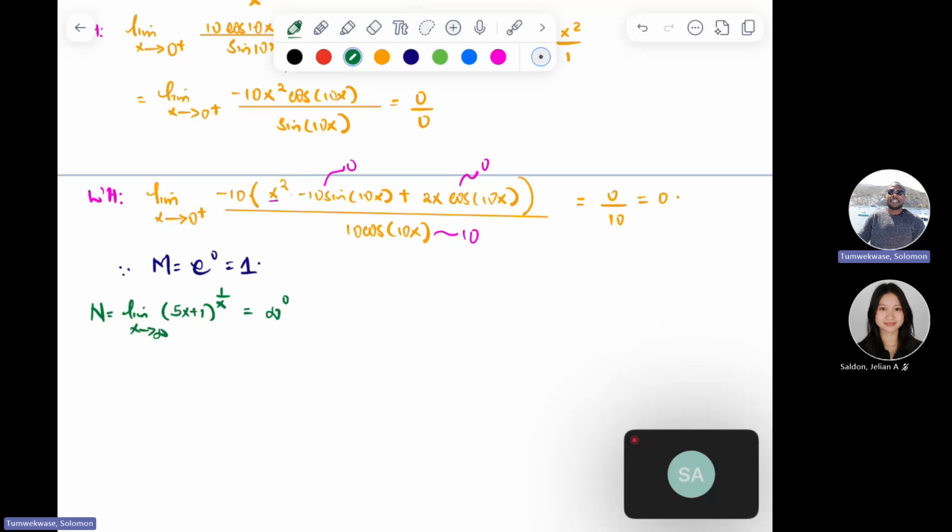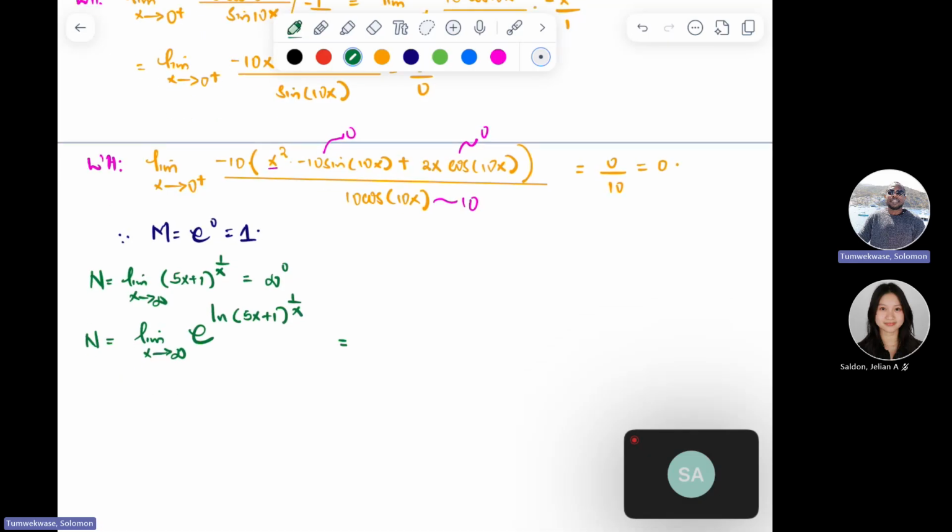And still we need to use the logarithm trick. And therefore, my n will be the same as the limit as x approaches infinity of e to the natural log of 5x plus 1 to the power 1 over x.